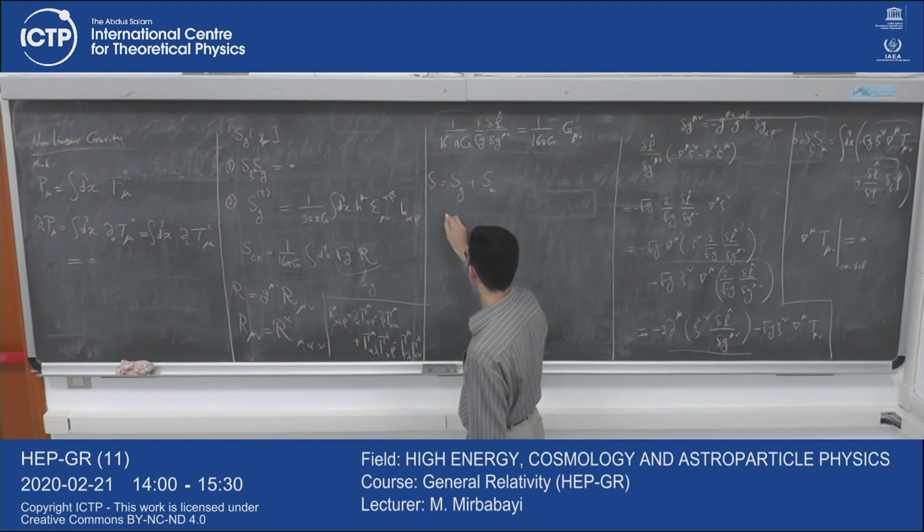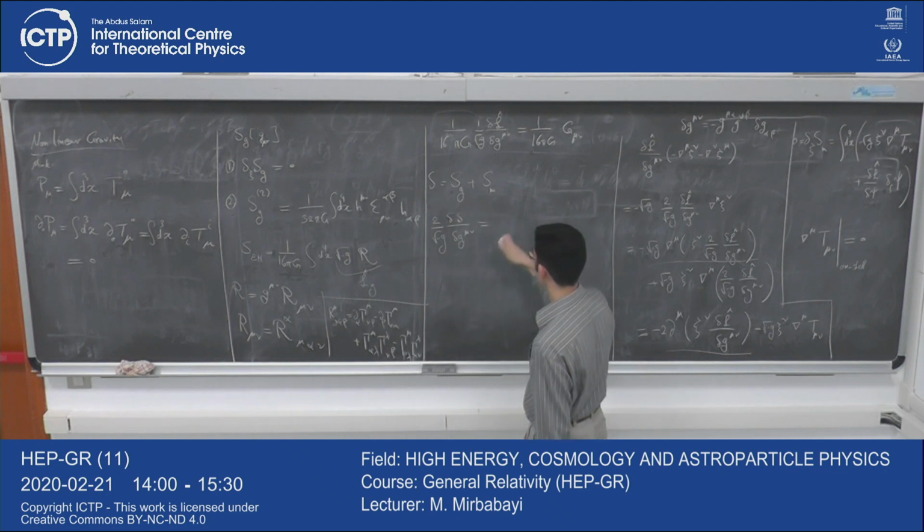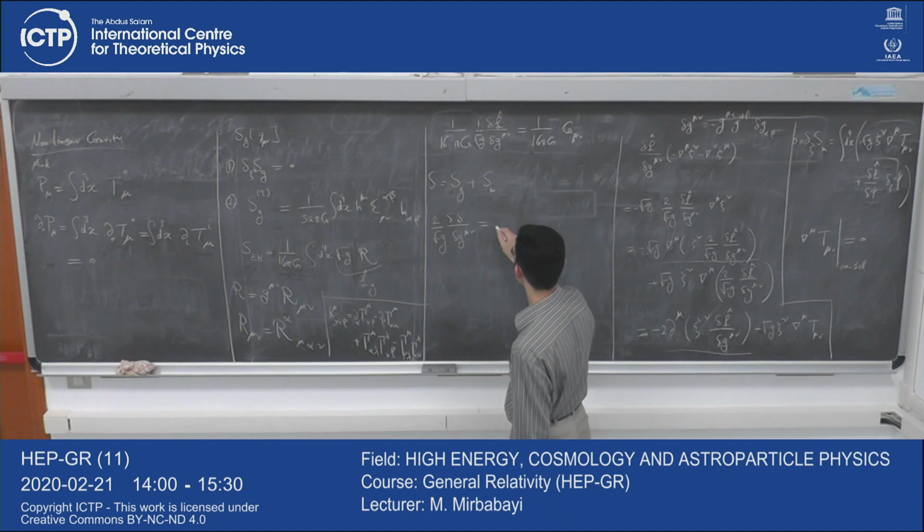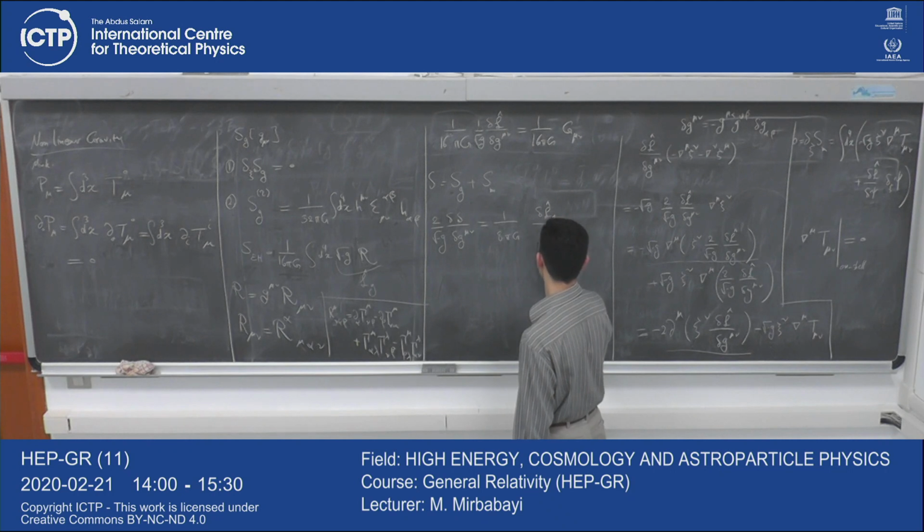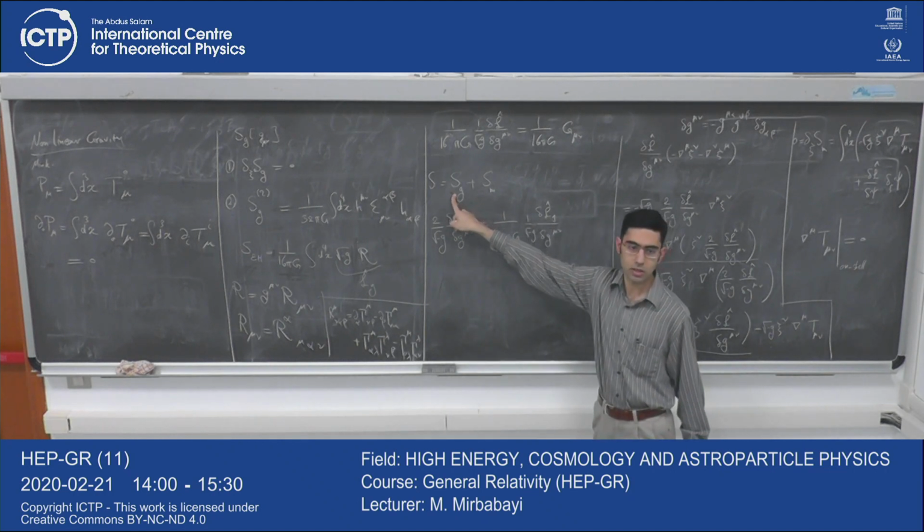Let us take the variation of this total action with respect to G mu nu, and let me multiply by 2 divided by square root of minus G. So I get the part that comes from the gravitational action, which is 1 over 16 pi G, or 1 over 8 pi G, times delta L hat G divided by delta G mu nu, times 1 over square root of minus G. This is what I get from the variation of this term.